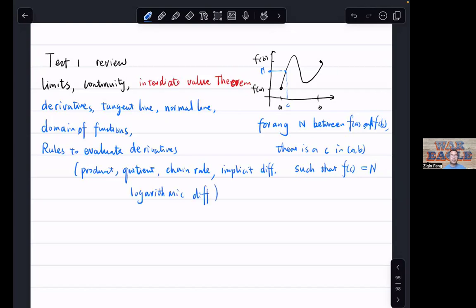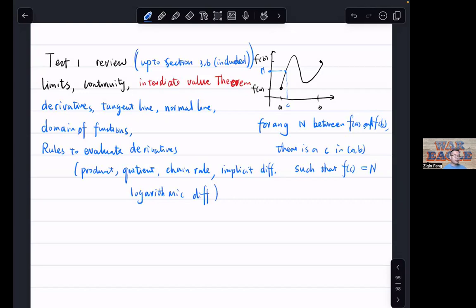So test one will cover everything up to section 3.6, with 3.6 included, right? So this section is included.